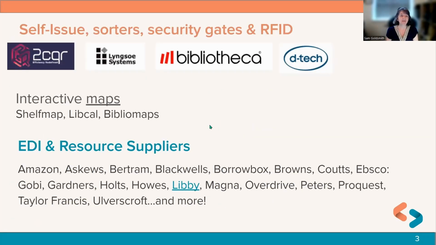So let's begin. The first one that I'm going to highlight here is self-issue, sorters, your RFID, your security gates, that sort of technical equipment that you would have in the library. We have good relationships with a lot of these companies, DTech, Linksgo in particular, so we're able to deal directly with them when we're doing your integration to make sure that the process is smooth.